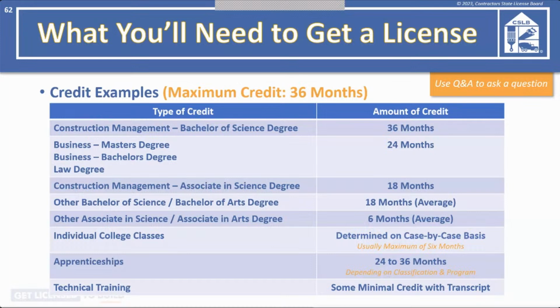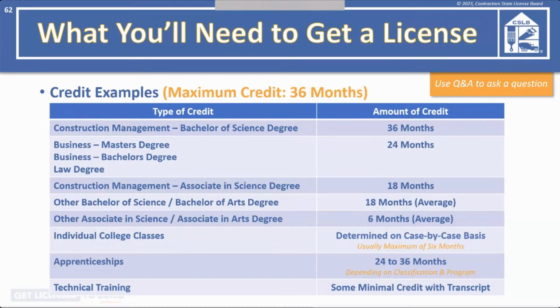If so, you would need to inactivate your sole owner license, as you could only be on one as a responsible managing employee. If you are a sole owner and you're going to be a responsible managing officer on the other license, then there are requirements to be able to qualify additional licenses, and those are in the law book and is under the qualifying of multiple licenses.